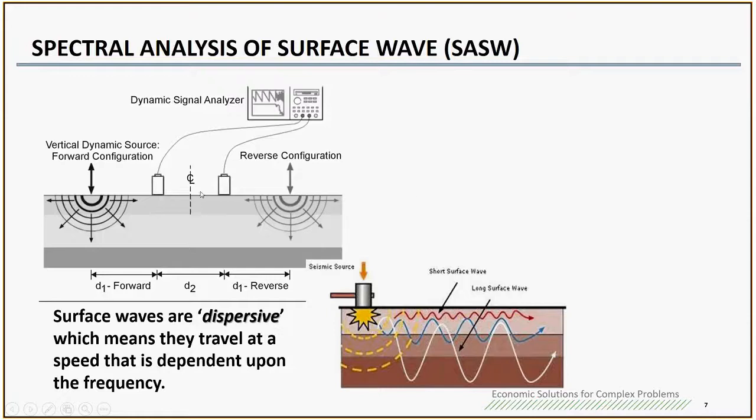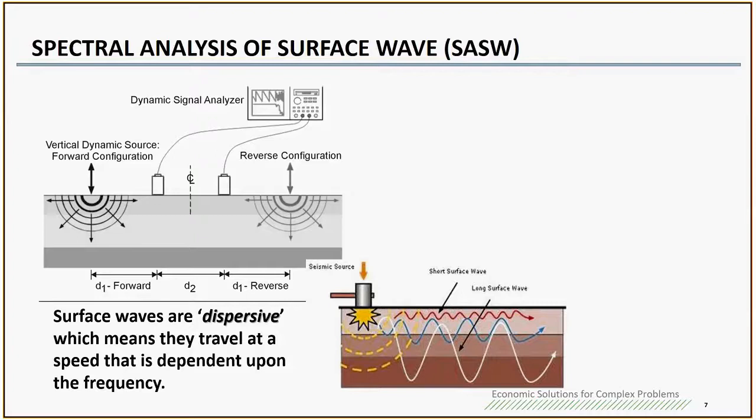Either they have 12 receivers or 24, or even more, or they have multiple lines of receivers. That one is called MASW, multiple channel analysis of surface waves.